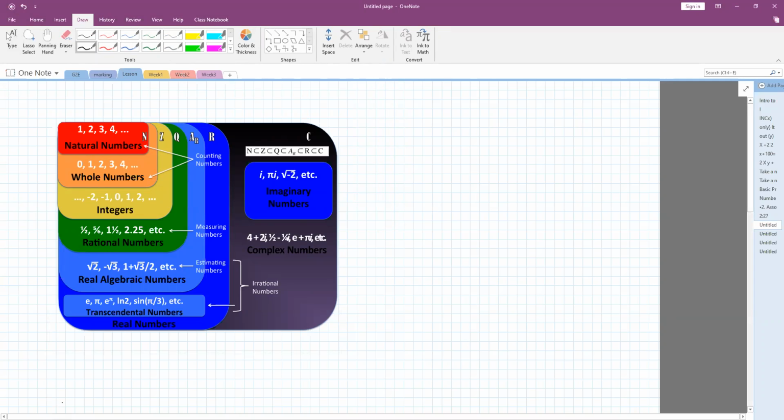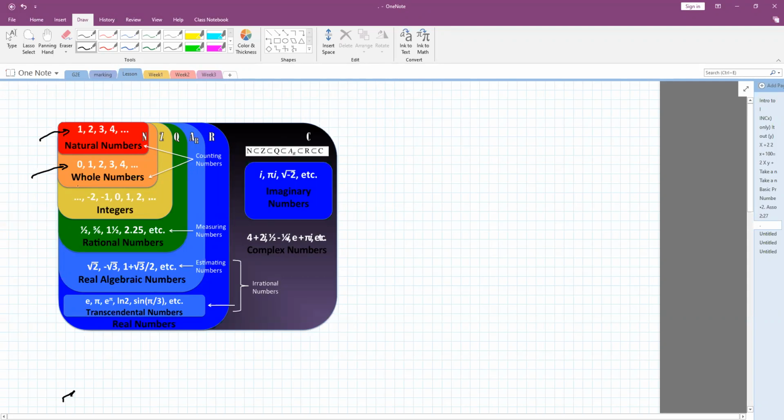Now the whole numbers basically are just adding 0, right? So if you look at the previous one, there is no 0. So we have 1, 2, 3, 4 only, and so on, 5, 6, 7, 8.